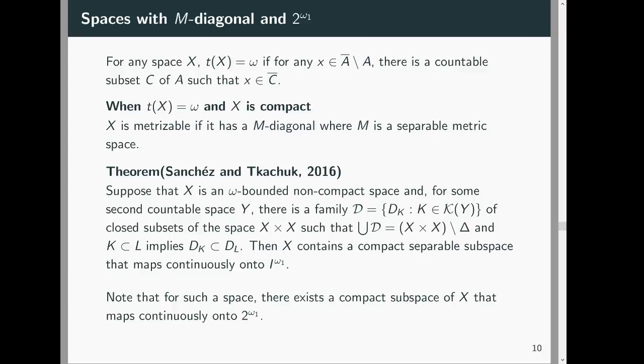But we don't need the interval here. We just need the discrete set 0, 1. So this 2 here is a set containing 0, 1 with the discrete topology.